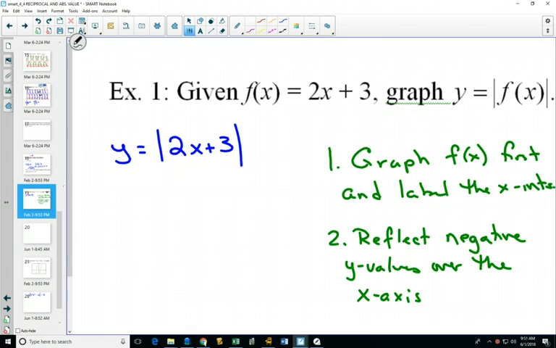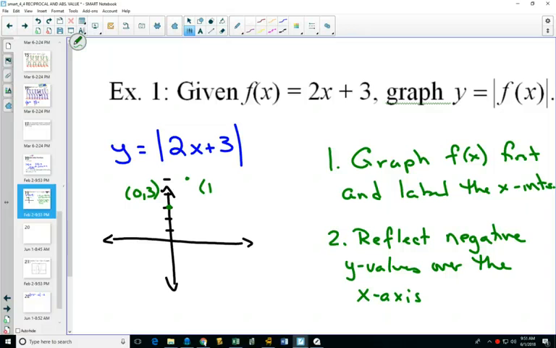I'm going to start by graphing f of x first. So what is f of x? F of x is a line, 2x plus 3. It has a y-intercept at 0, 3. It has a slope of 2, so we could go up 2 over 1 and have the point 1, 5, down 2 over 1 and have the point negative 1, 1, down 2 again over 1, and we would have the point negative 2, negative 1.